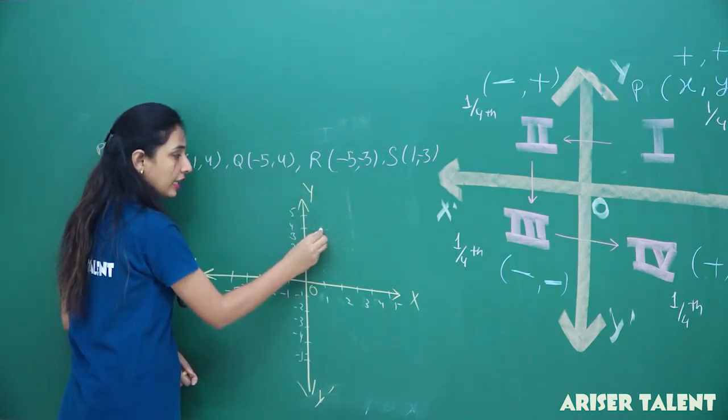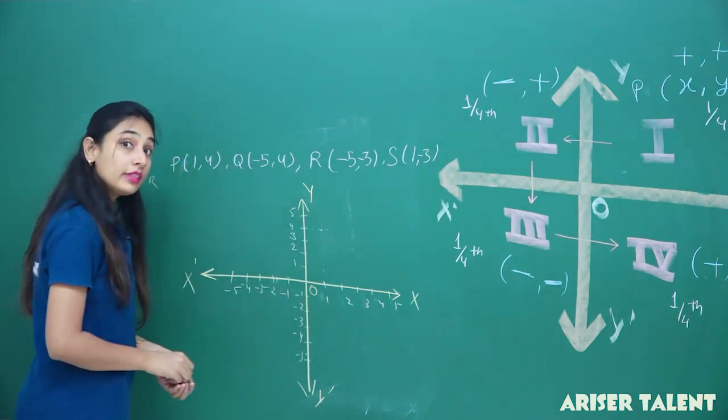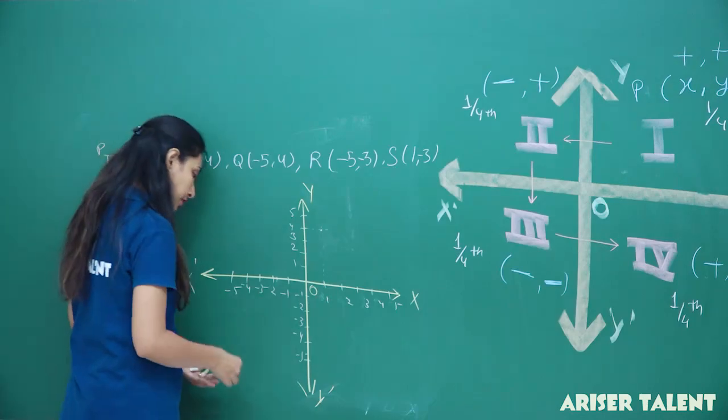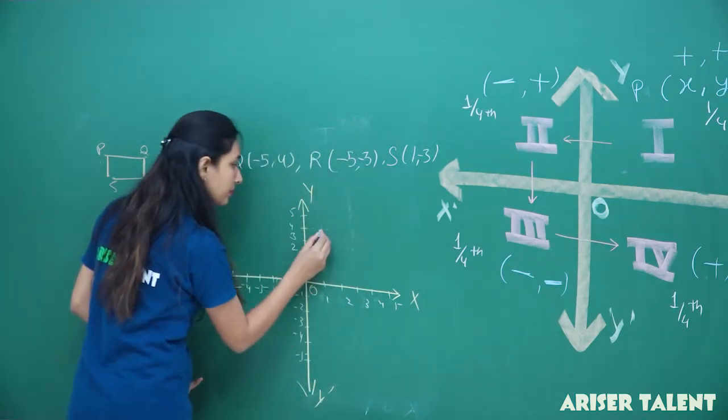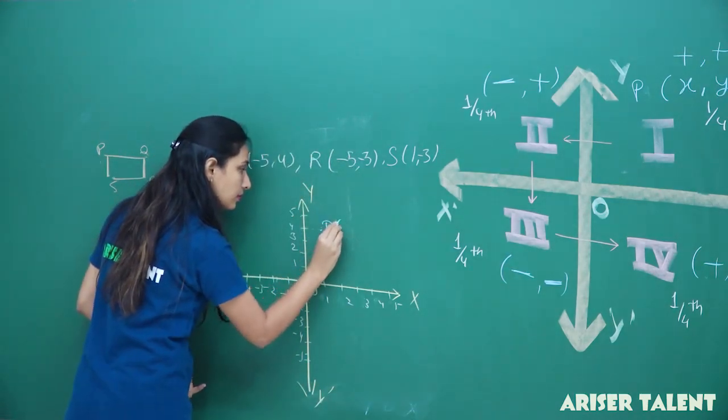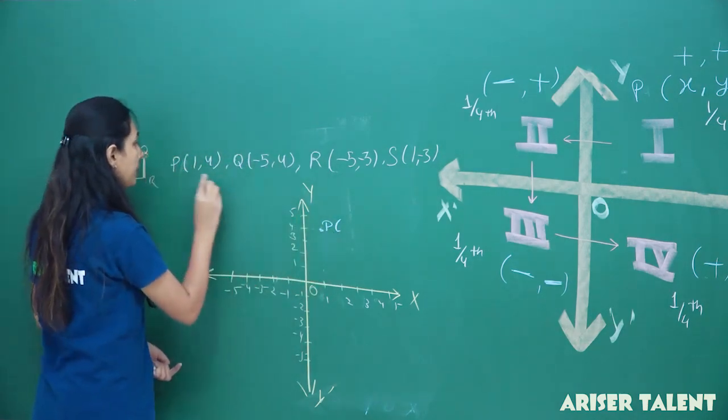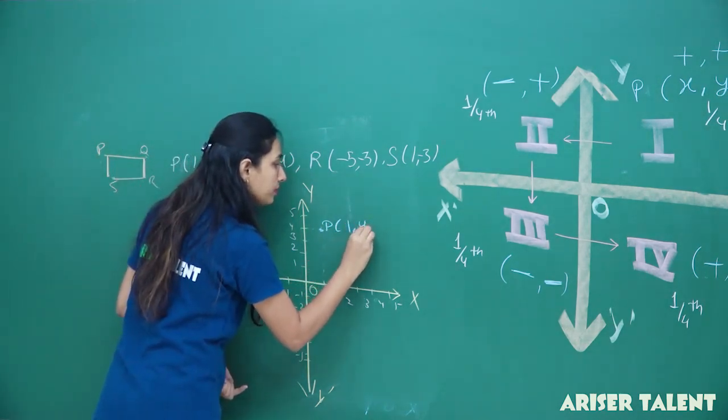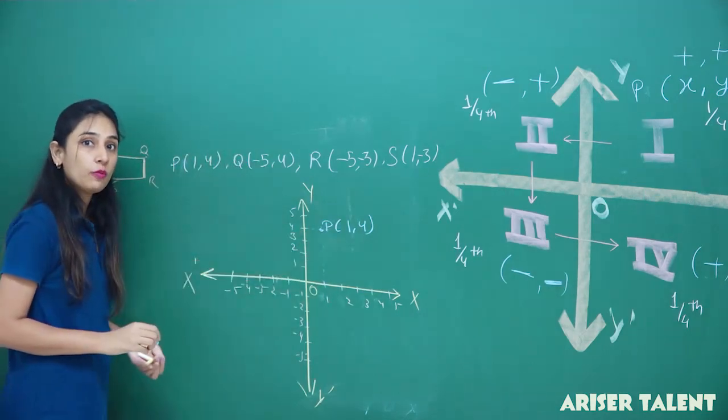Now that will cross in that point, so that point is basically our point P, which is (1, 4). This is the first point we have plotted.